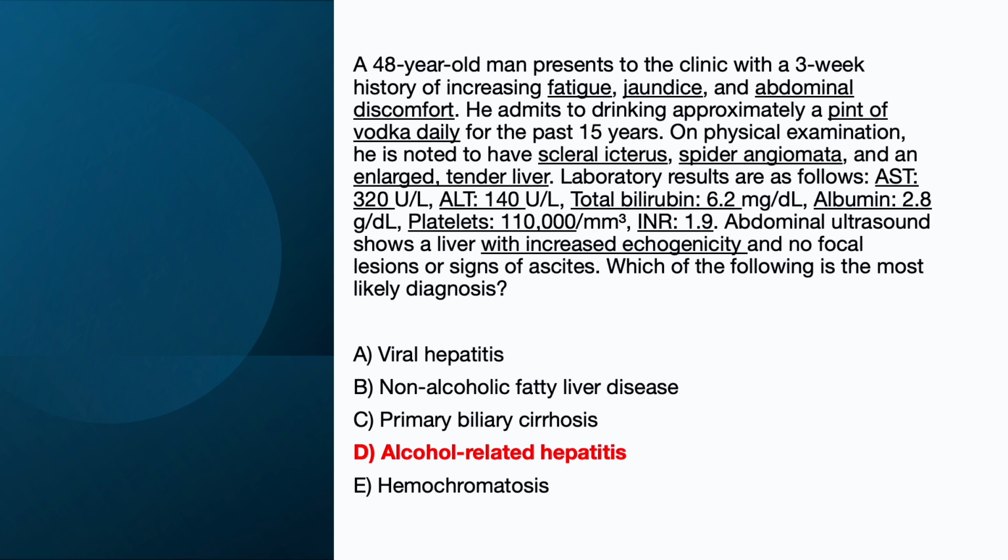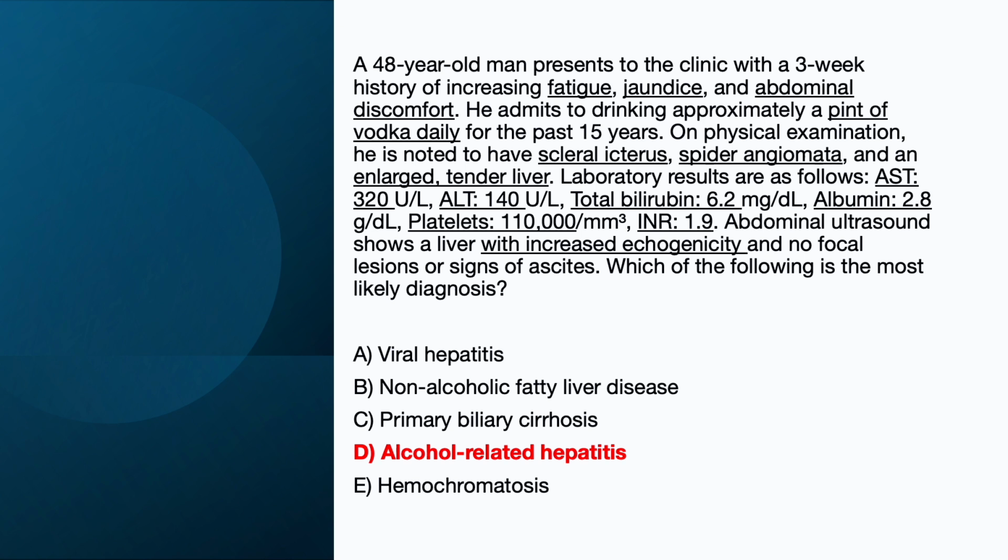The patient's presentation of jaundice, fatigue, and abdominal discomfort, combined with his significant history of chronic alcohol use and physical exam findings such as scleral icterus, spider angiomata, and tender hepatomegaly, strongly suggest alcohol-related hepatitis. The lab results show a characteristic elevated AST to ALT ratio, typically greater than 2:1, and other indicators of liver dysfunction, such as a high bilirubin, a low albumin, thrombocytopenia, and a high INR.